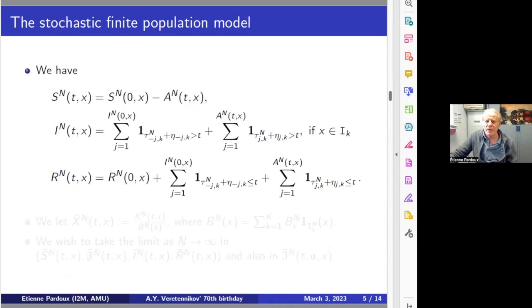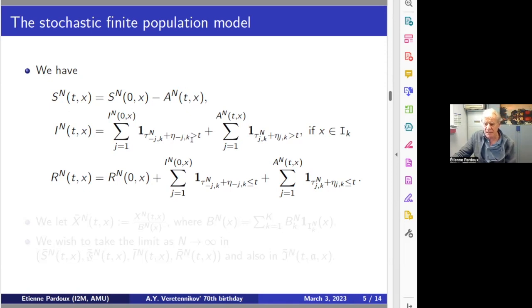Now the stochastic finite population model is written not with index k, but with the variable x. S^n(t,x) is S^n(0,x), the initially susceptible, minus those who have been infected on the interval (0,t]. The infected individuals are those who were infected at the initial time and have not yet recovered, so tau^n minus j_k, which is a negative number, remember, plus eta minus j_k is larger than t.